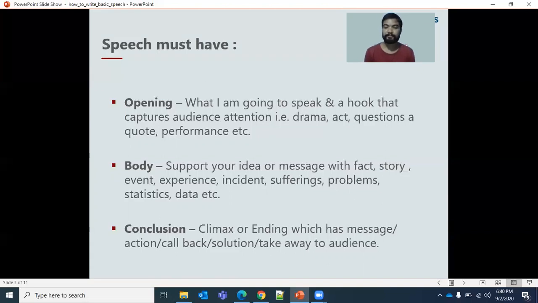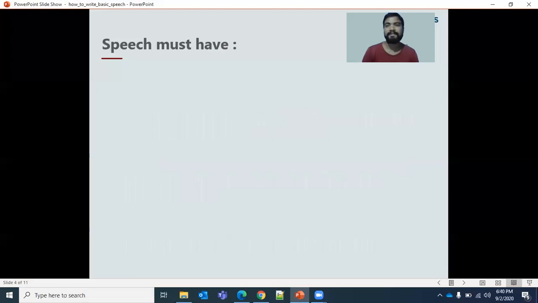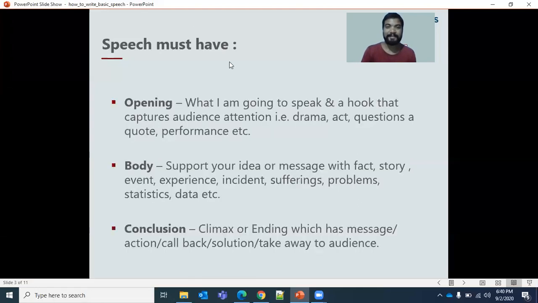After that, one more important thing. Anyone can unmute and tell me: except these three, what other element is important in a speech? Punit, yes. Yes, Aditya, go ahead.